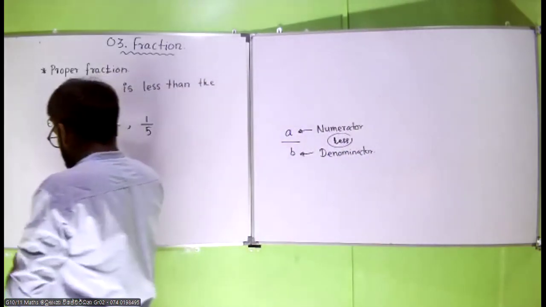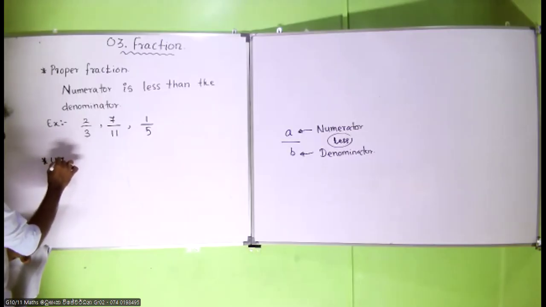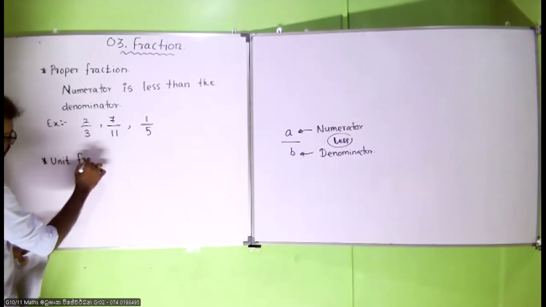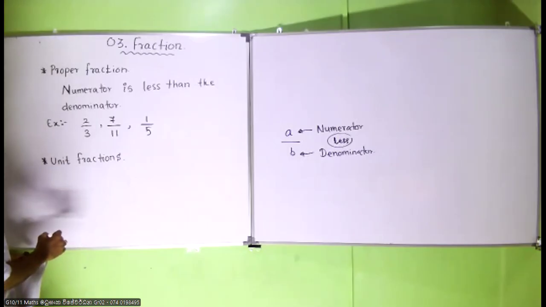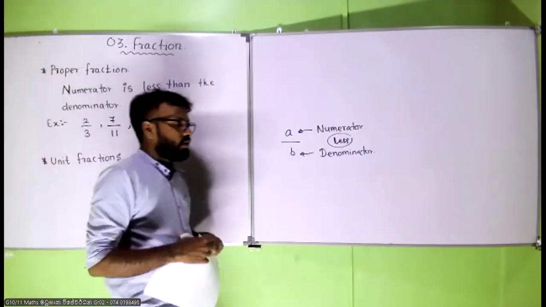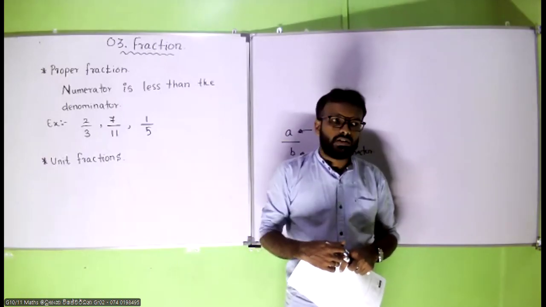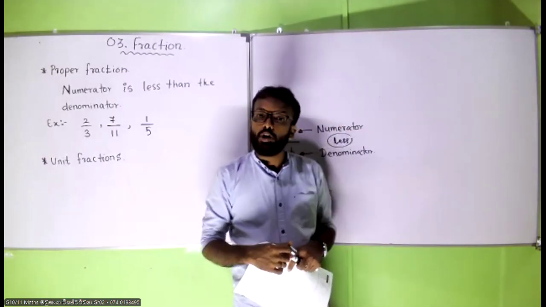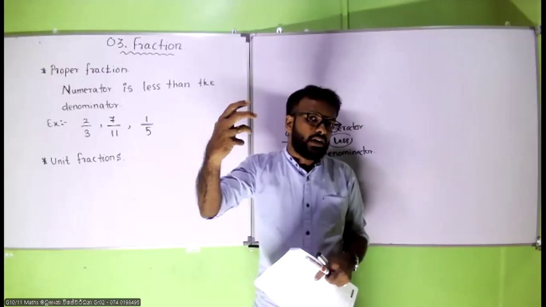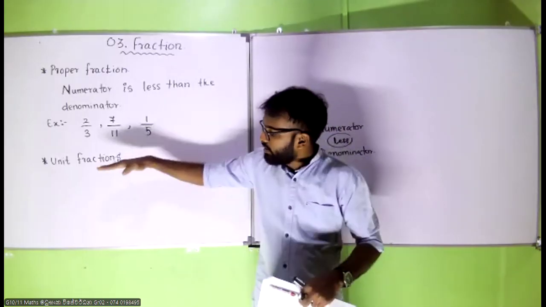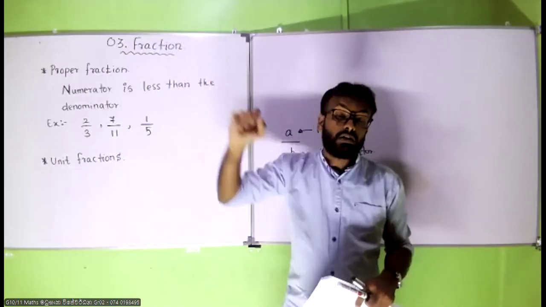Okay. So then we have unit fractions. What do we call unit fractions? What is the important thing you need to remember under unit fraction? It is already a proper fraction, but it is special.